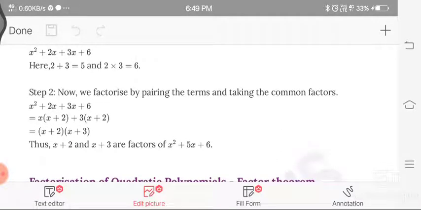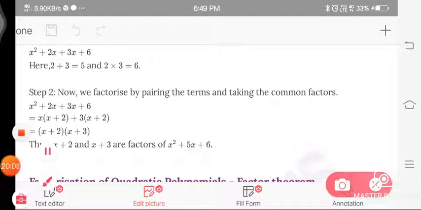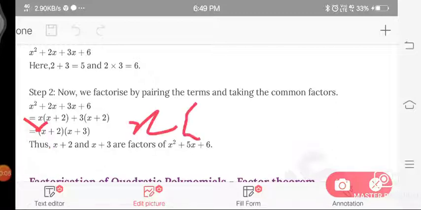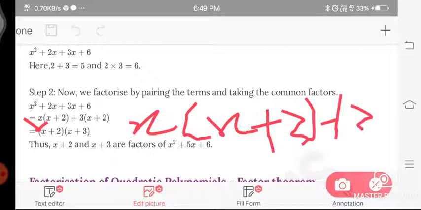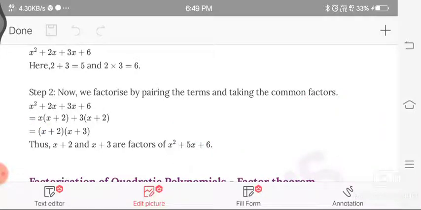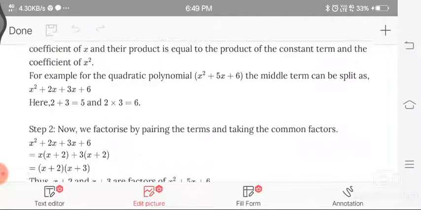Here we take the common x, and in the bracket x plus 2, then take the common 3, then x plus 2. So x plus 2 is a factor and x plus 3 is a factor of this term.